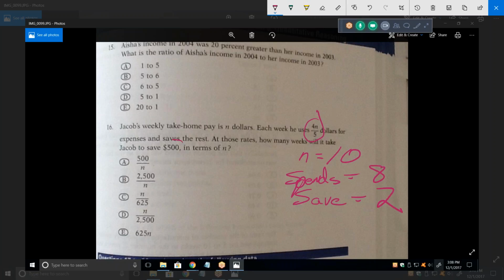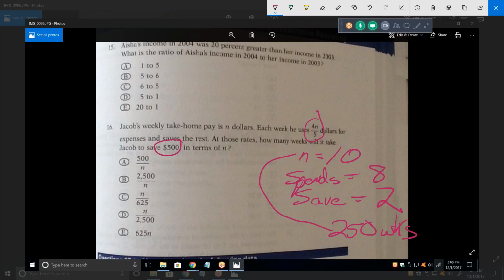To save $500, how long is it going to take him? 1,000 weeks. No, you're saving $2 a week. You're going to save it in 500 divided by 2. Oh, 250 weeks. 250 weeks. So that is the answer when n equals 10.